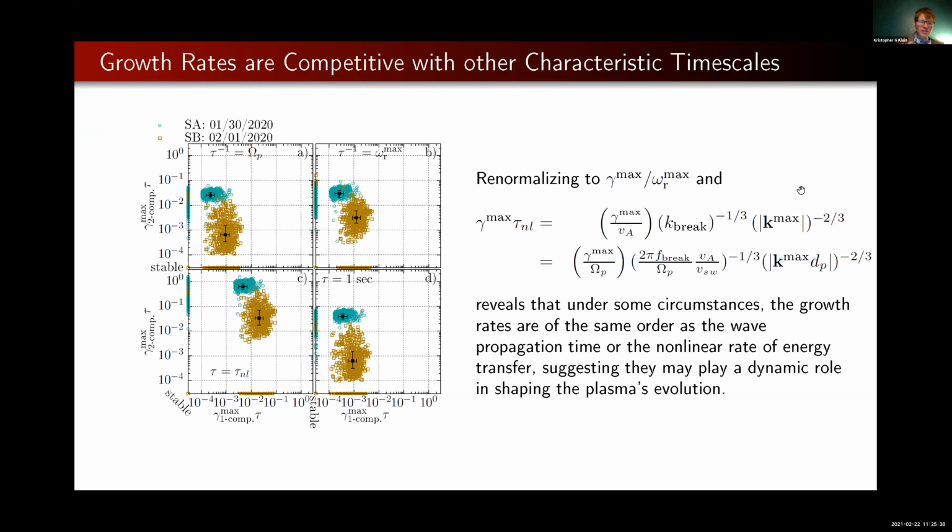Importantly, the time scales at which these things are actually growing can be significant. We can effectively renormalize the calculation to different time scales. I'll draw your attention just to panel C right here.